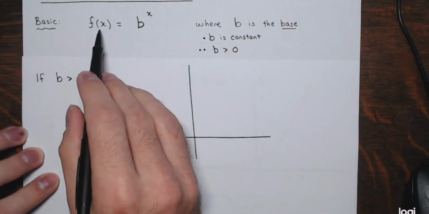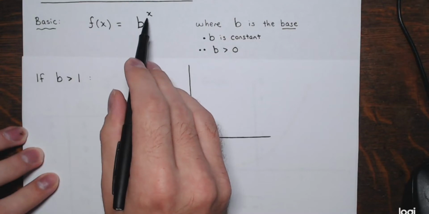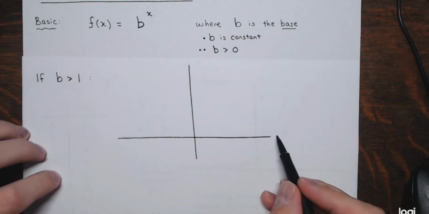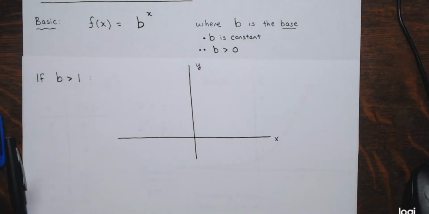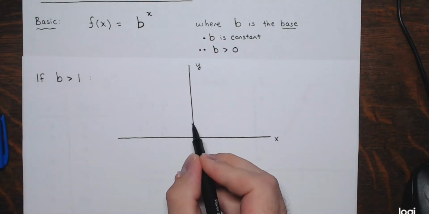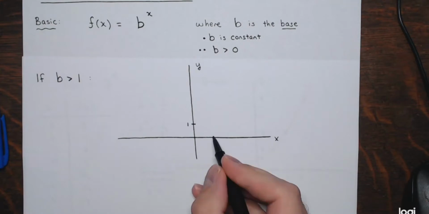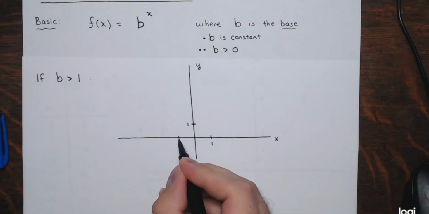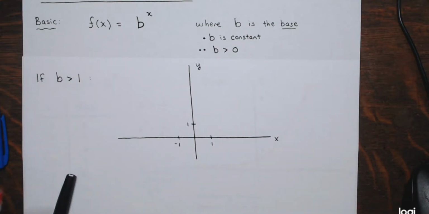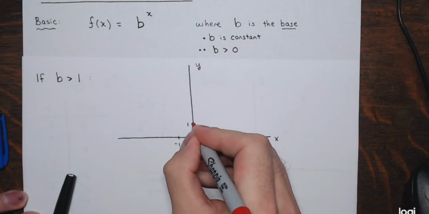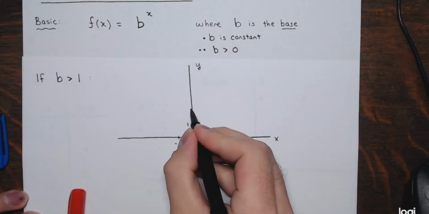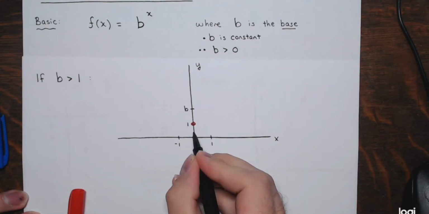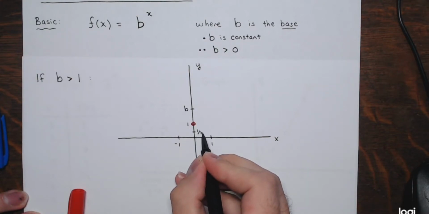then the graph of f of x equals just b to the x, a very simple basic exponential function, looks like this. You're going to have the point 0, 1. And b is bigger than 1, so say b is up here, and then 1 over b would be less than 1. There's 1 over b.